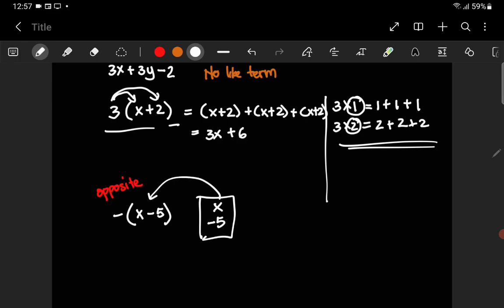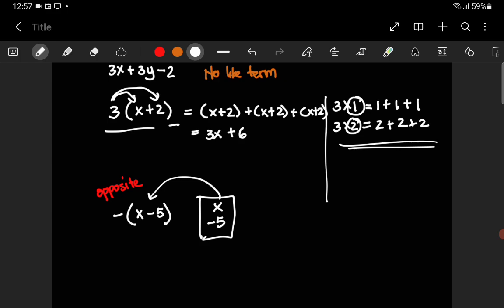Now, if you have minus or negative of an expression, that means you need to write the opposite of its members. So what I mean here is, for example, minus or negative in bracket x minus 5.